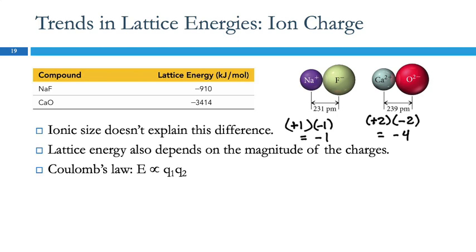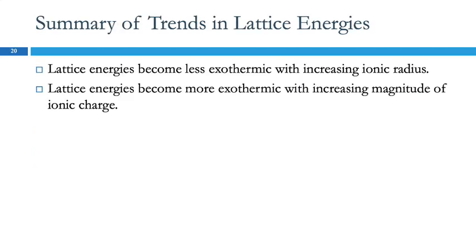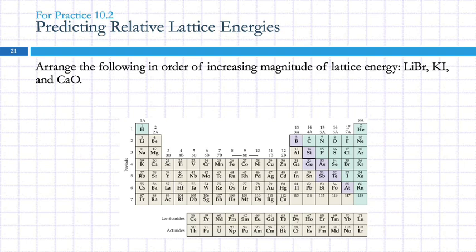So based on charge alone, this would be about 4 times as much energy as this one. And here, 3,400 is roughly 4 times 900. So higher charges, larger lattice energy. Smaller ions, larger. Lattice energies become less exothermic with increasing ionic radius and more exothermic with increasing magnitude of ionic charge.